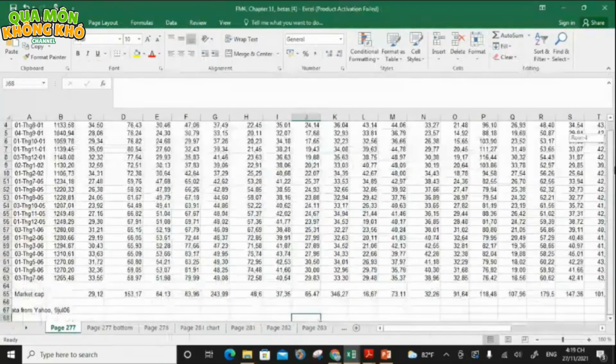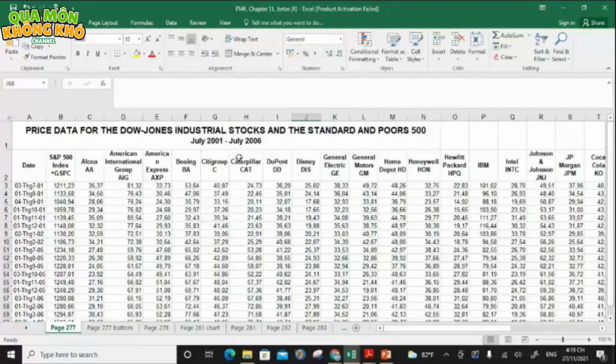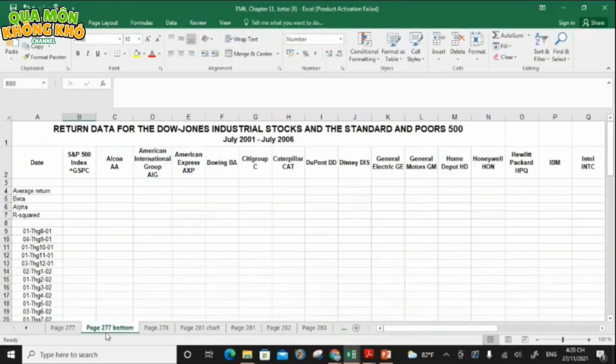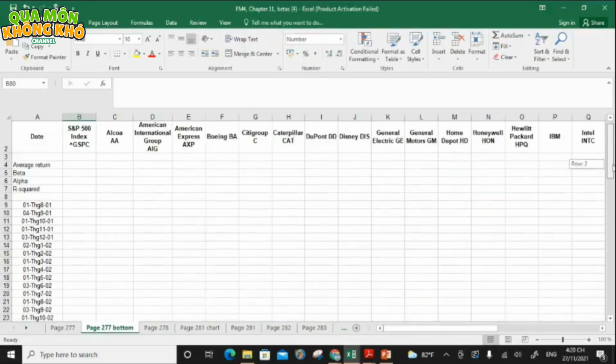Here I have the price data for the Dow Jones Industrial stocks and the S&P 500. I have the price data from July 2001 to July 2006. First I will transform this price data into returns.